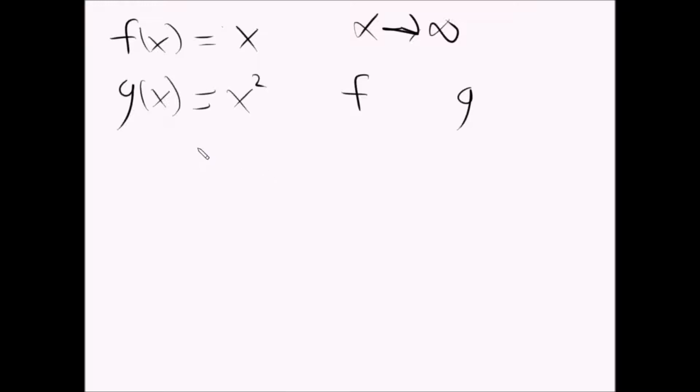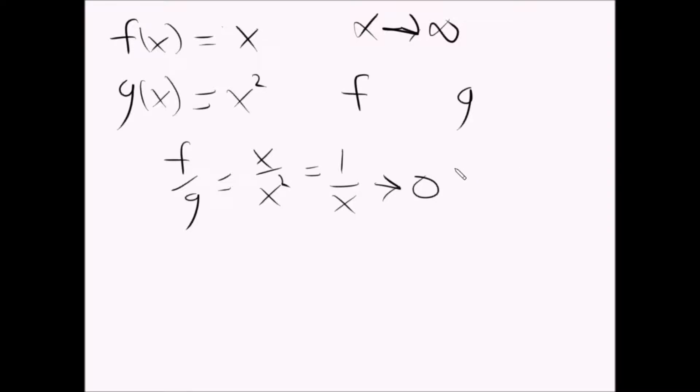So we can start by taking the ratio of f to g, which here would be x over x squared, which equivalently is 1 over x. And since we're interested in the limit as x tends to infinity, as x gets bigger and bigger, 1 over x tends to 0.